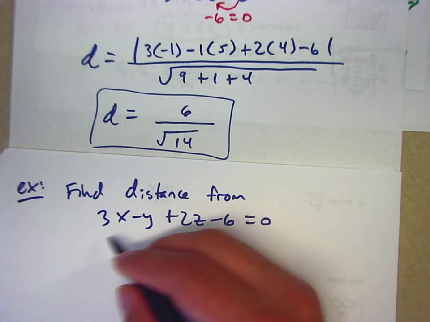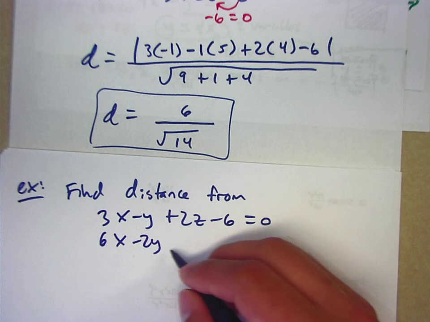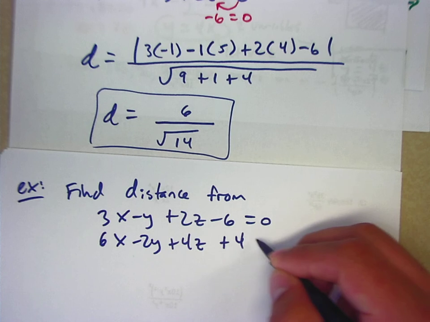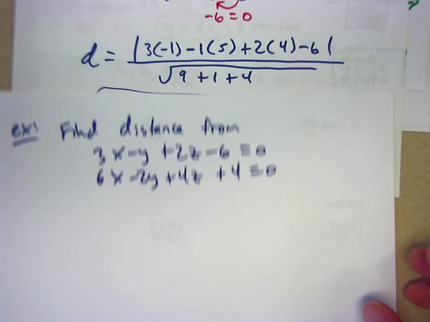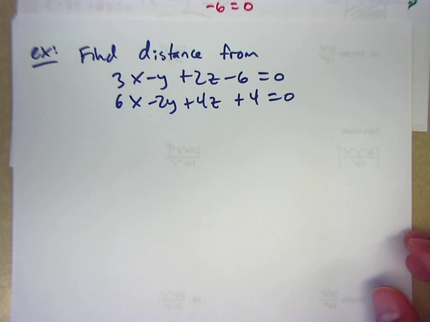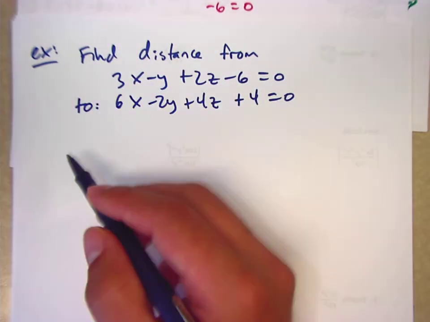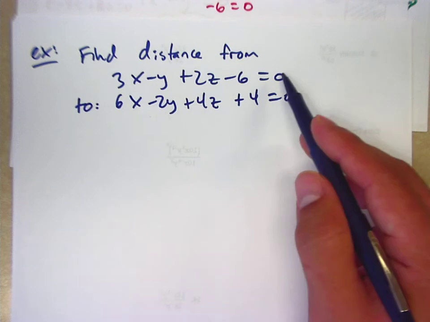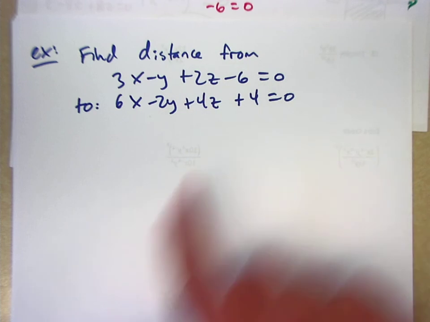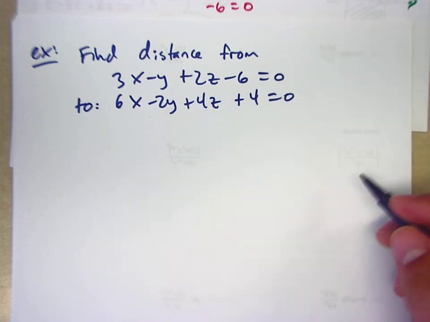And let's do 6x minus 2y plus 4z plus 4 equals 0. And so these are parallel planes, obviously. The coefficients are just multiples of each other, so it's the same plane, just slightly different location based off of this constant at the end.